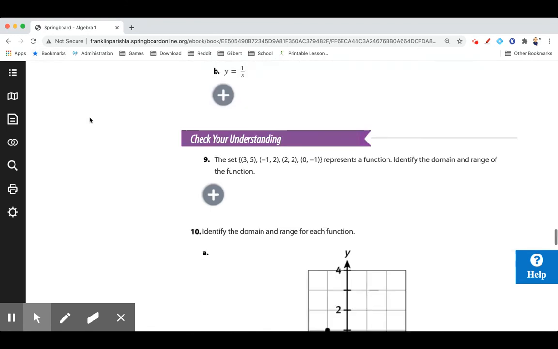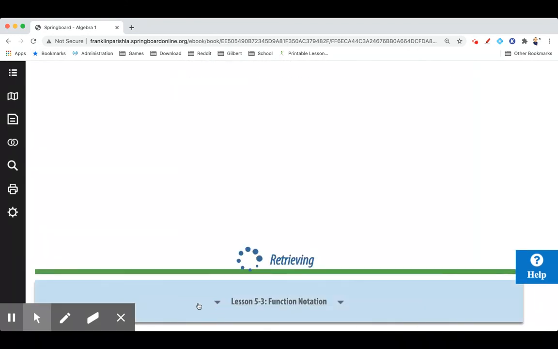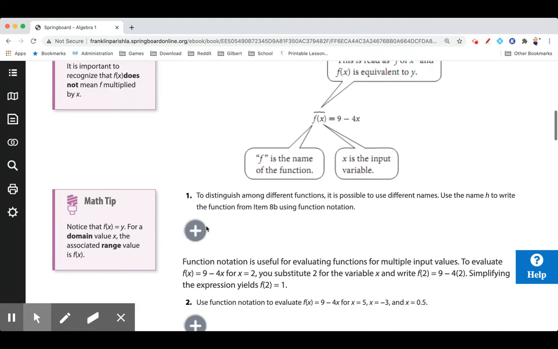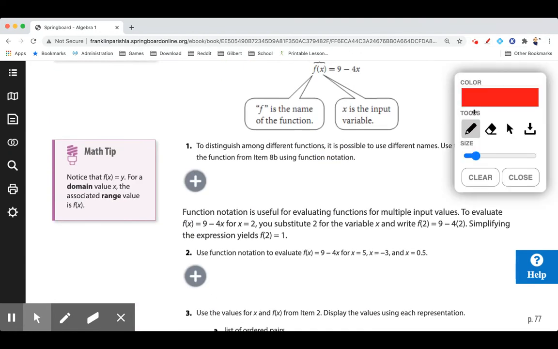All right. And so we'll just write instead of y, we'll write h of x equals 1 over x.